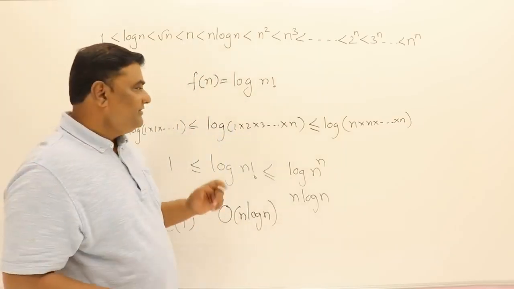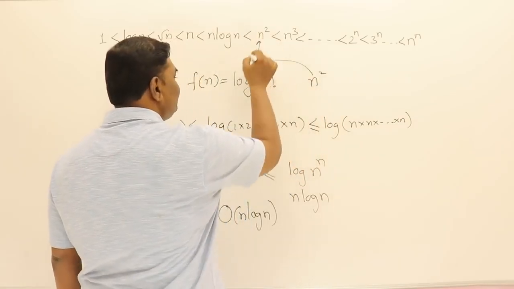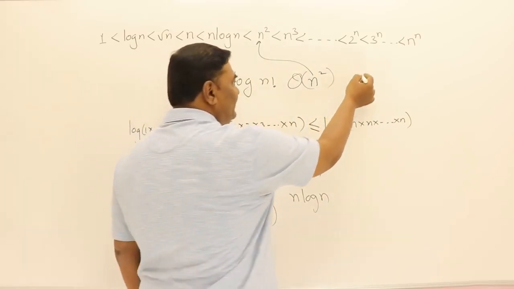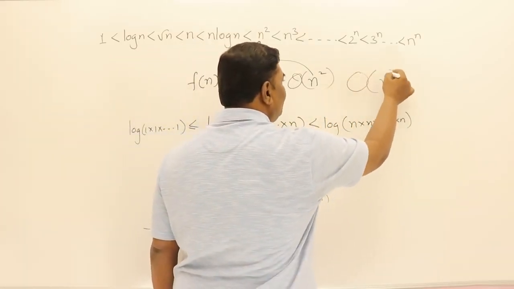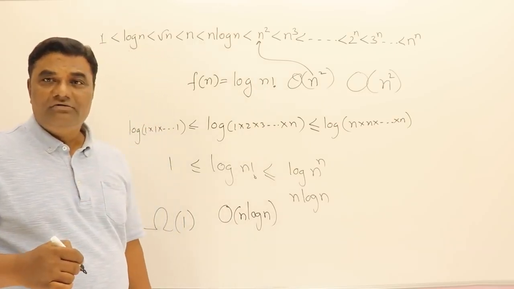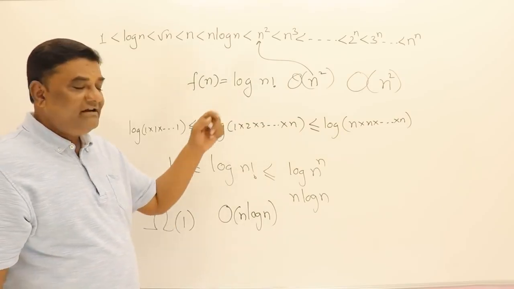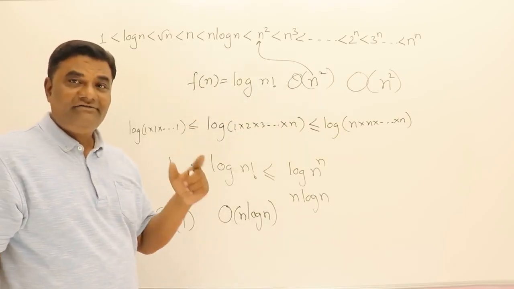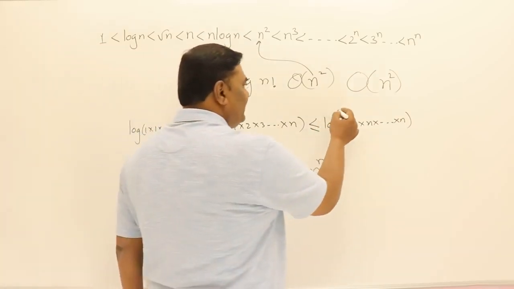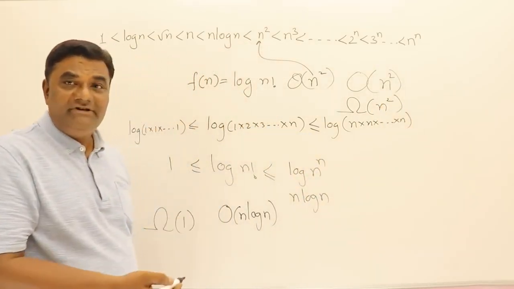In the same way, when you have a function n square, then you can say n square, that is the perfect answer. So giving theta is the right one. But if you are writing big O, I am not sure whether you are giving me the nearest or not. That is the problem with big O. It may be the nearest one or it may be bigger than that. But theta guarantees that you have given the exact notation, exact time complexity. When you are using omega, it also means that you may be giving a lower value, which may or may not be the nearest one.